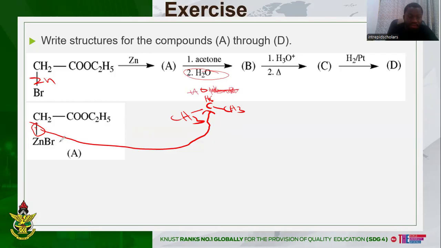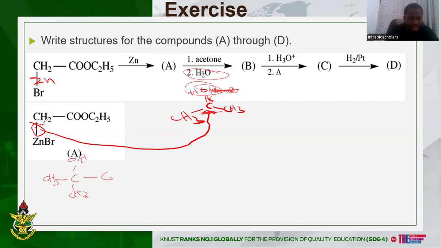If I'm writing the product, I'll bring the C from this one. So C here. Now around the C, I'll also bring the C. So these two are the ones that are really bonded. Now around this, I have CH3, I have CH3, and I have an OH from this side, right?